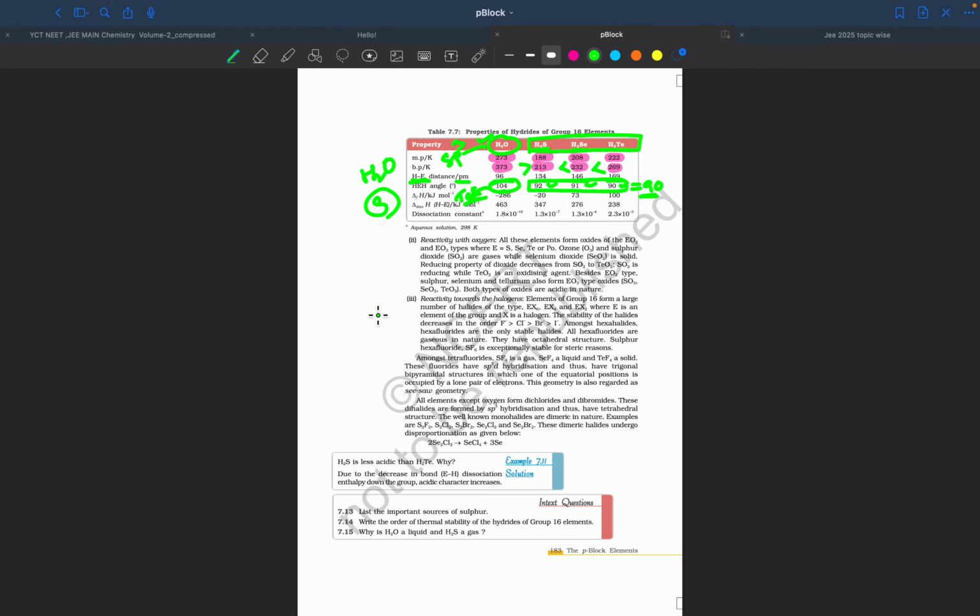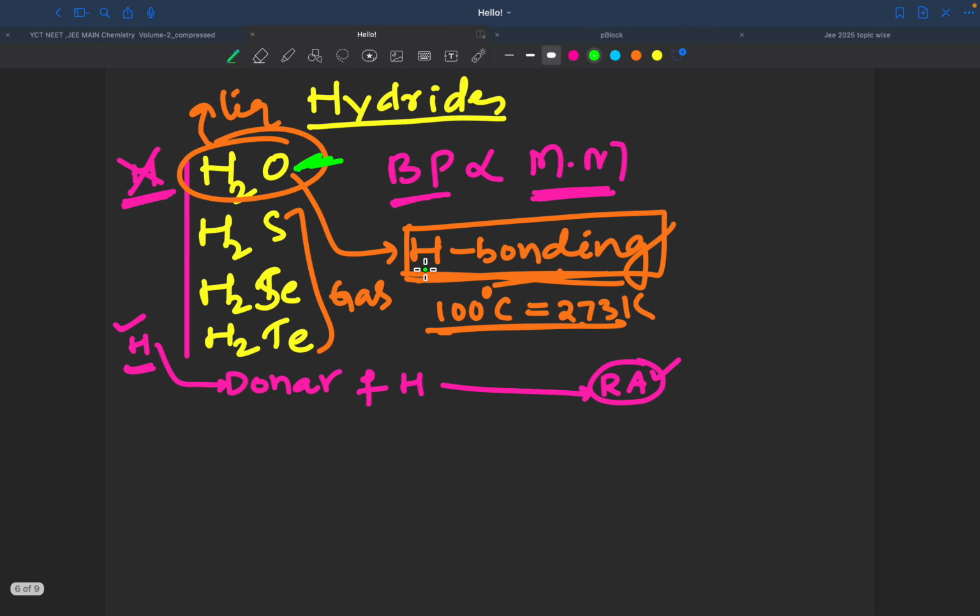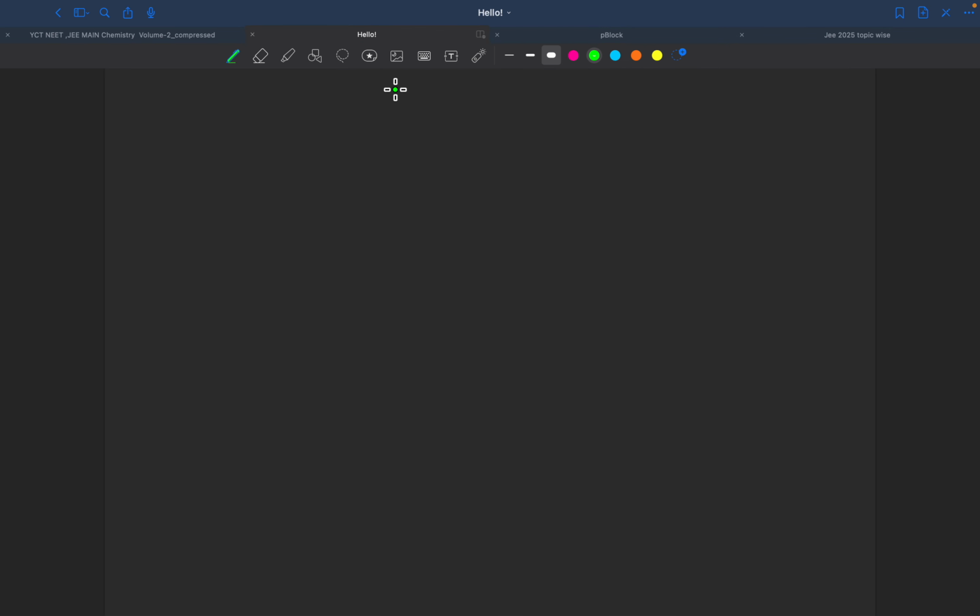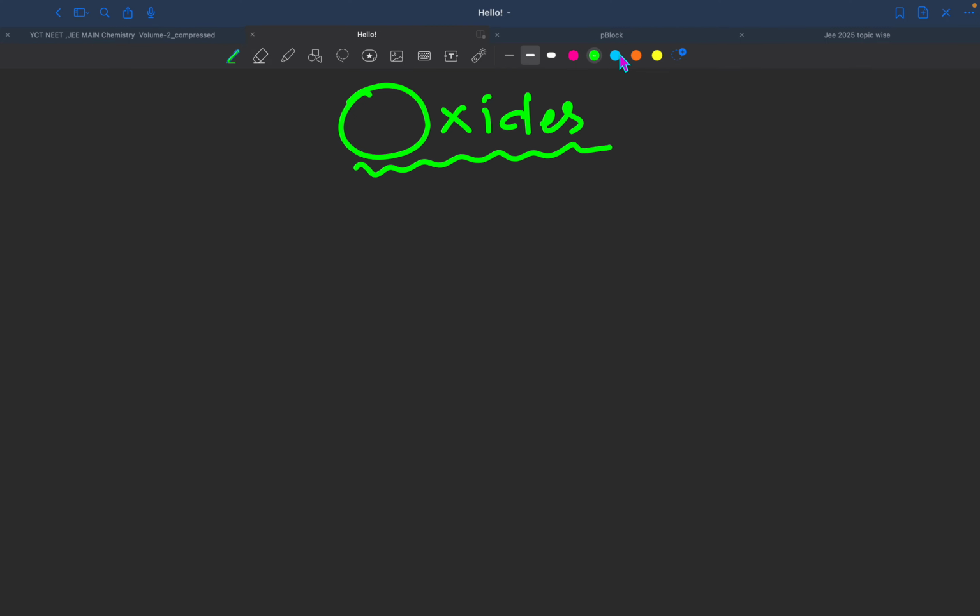We'll go to ऑक्साइड्स चेक करेंगे. Yeah, we have oxides of the 16th group elements. So oxides law, first we'll talk about, there are two types of oxides.